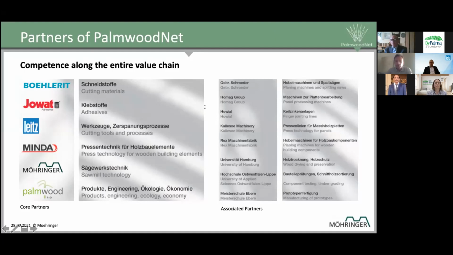Then we have a whole group of associated partners, universities from Germany, from Hamburg, Ostwestfalen-Lippe, from Malaysia, Indonesia, and Thailand, and also additional industrial partners, which helped us to develop all the necessary processing steps.